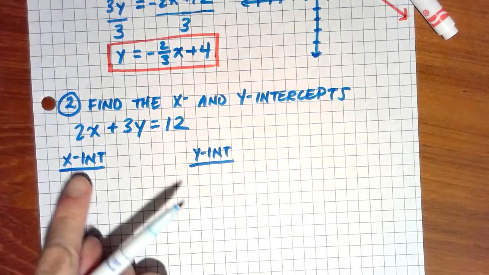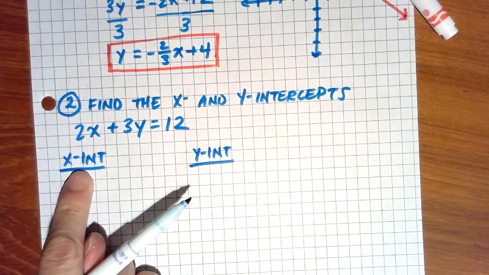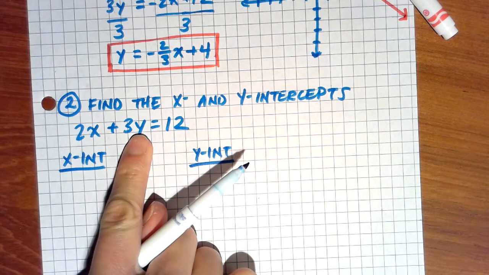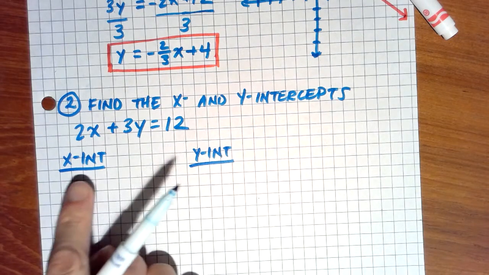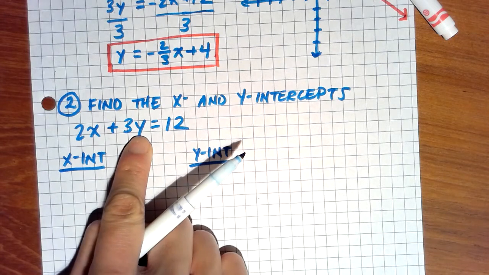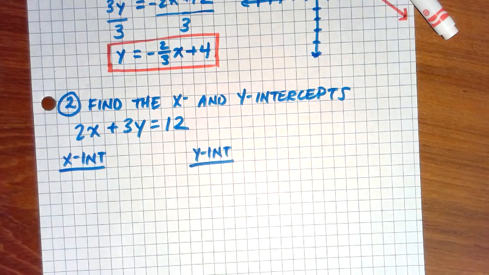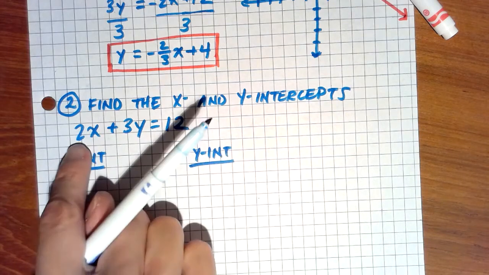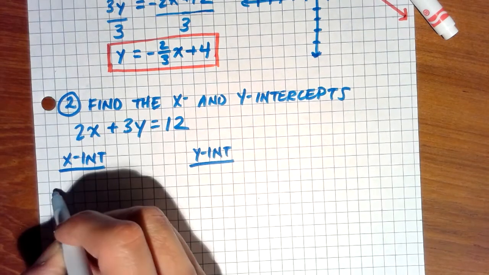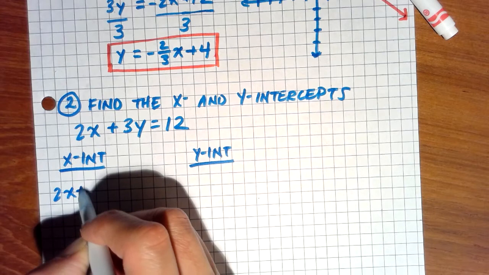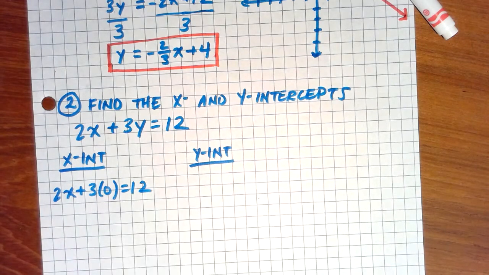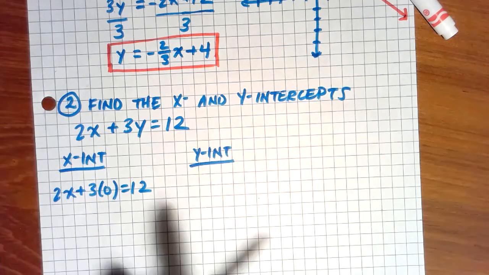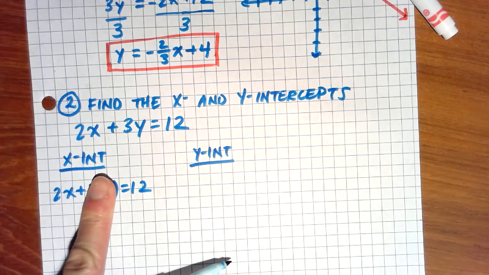Okay, remember that the x-intercept is the point when y is 0. So to find the x-intercept, all I have to do is substitute in 0 in for y, and then solve for x. So I'll take this equation, 2x plus 3y, but substitute in 0 in for y, just like that. 3 times 0 is just 0, so that's going to go away.